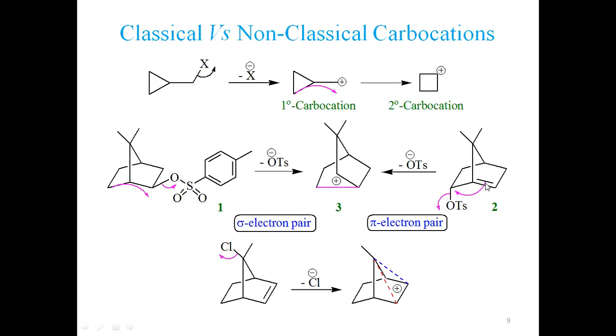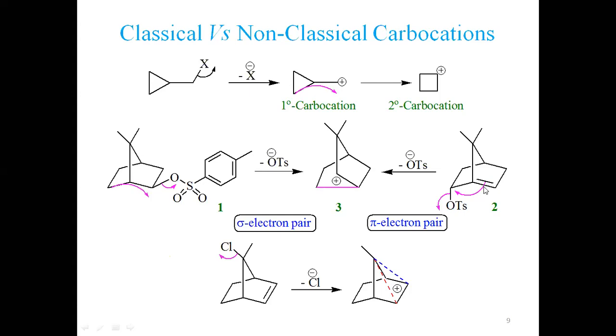You see, these electrons have been transferred from here to there, right? The pi electrons are being transferred from here to there, so this is generating a double bond at this position, right? The positive charge is here.